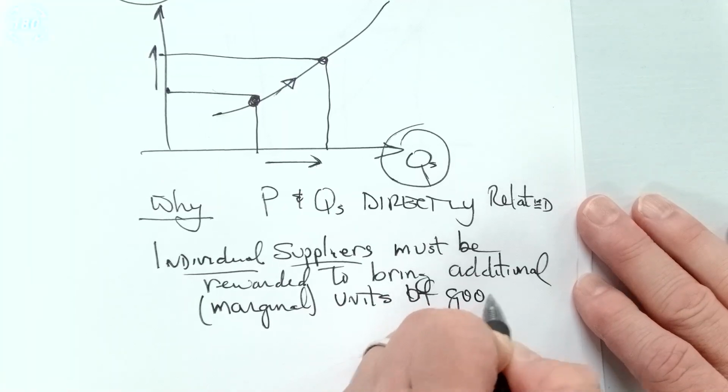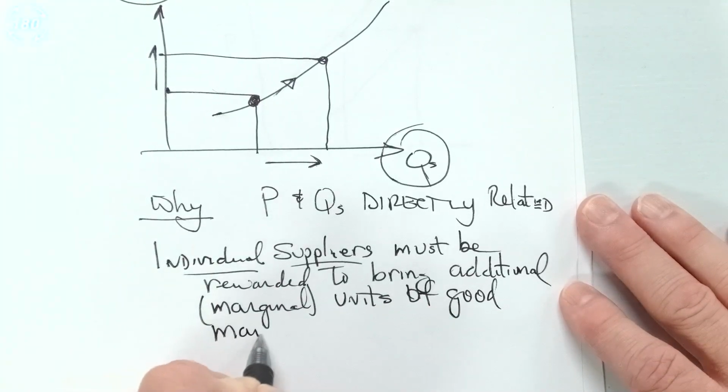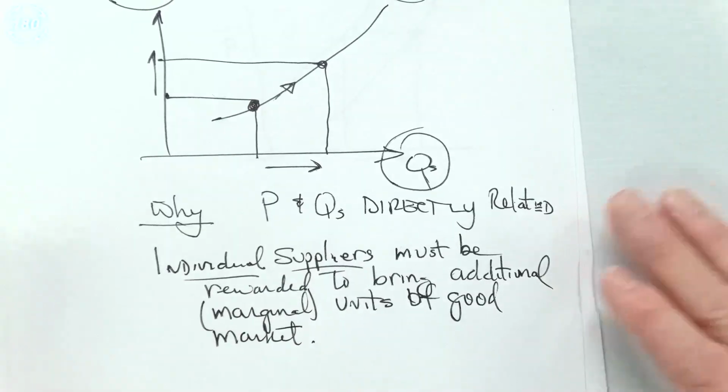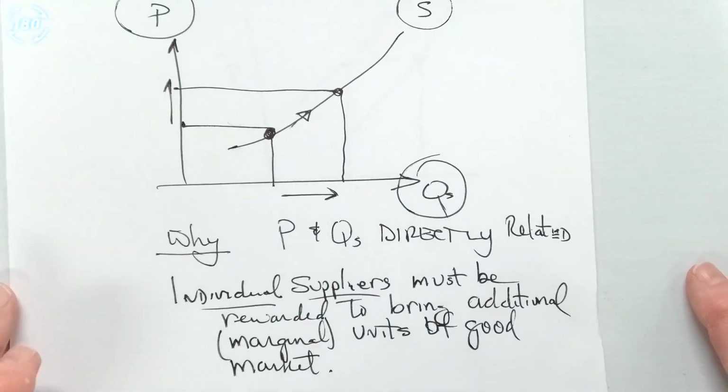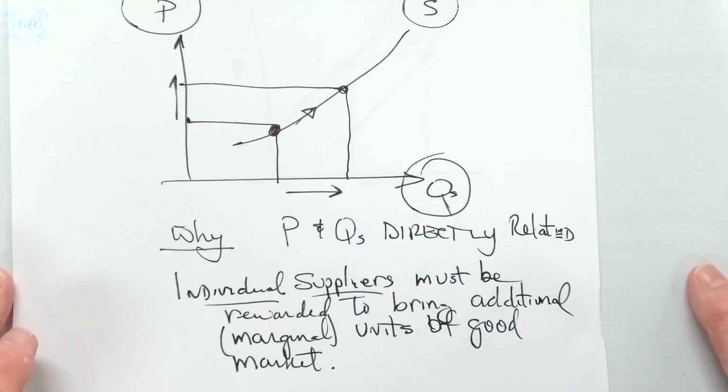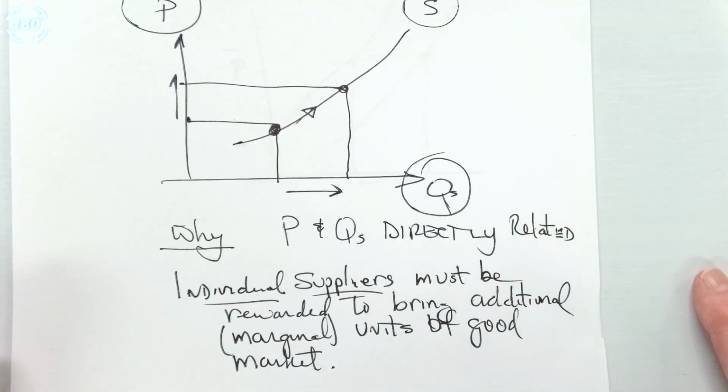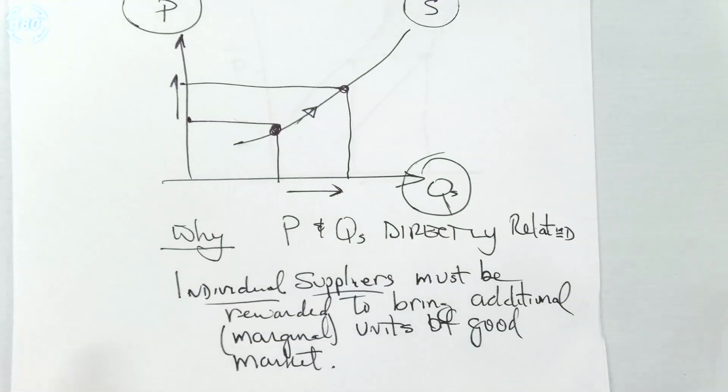Okay, I hope you can read my writing here. So, if again the price of soybeans goes up, there's people out there who perhaps have been growing cotton, they'll instead grow soybeans, or if it goes up enough, they'll plow under their cotton and plant soybeans. But they have to be rewarded to behave that way. Suppliers have to be rewarded to behave that way.